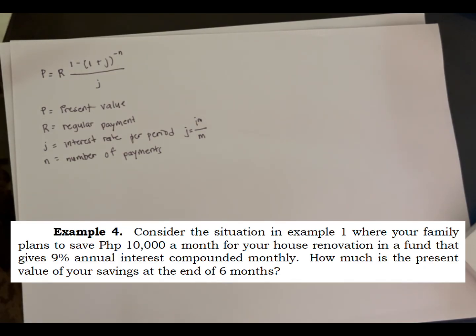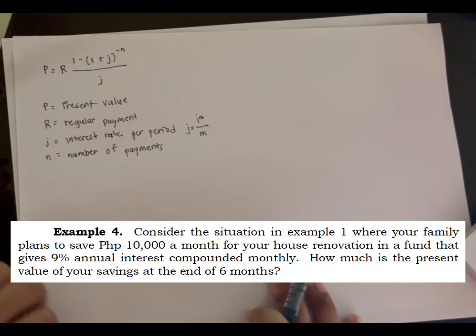The question now is, how much is the present value of your savings at the end of 6 months? Same problem po tayo kanina pa, pero ang hahanapin naman natin ngayon is the present value.